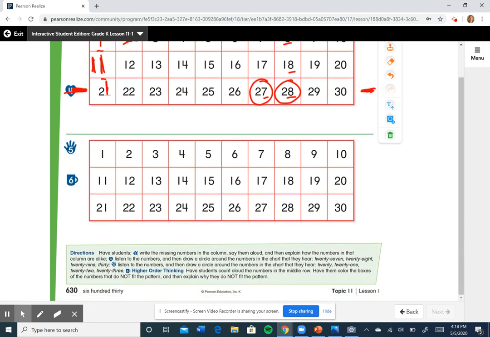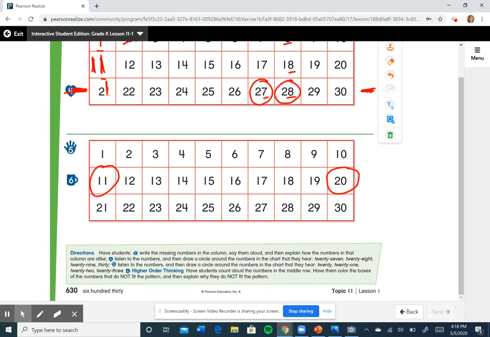All right. Now 5, you're going to listen to the numbers again, and you are going to circle them. Ready? 20, 21, 22, and 23. 20. If I count by tens, I know 10, 20, right? We've done a lot of practicing that at the carpet this year. So 20 is my first one. And then 21. Oh, am I going to stay in this row?